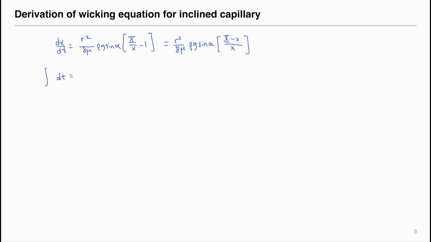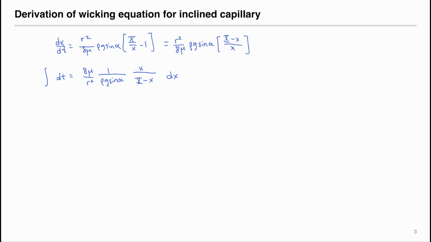And for dx, I write it in the right, so that we'll invert everything here. 8 mu r squared rho g sine alpha inverse and big X minus small x at the top, dx.